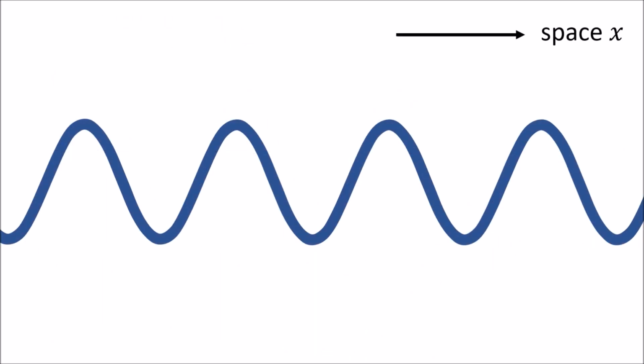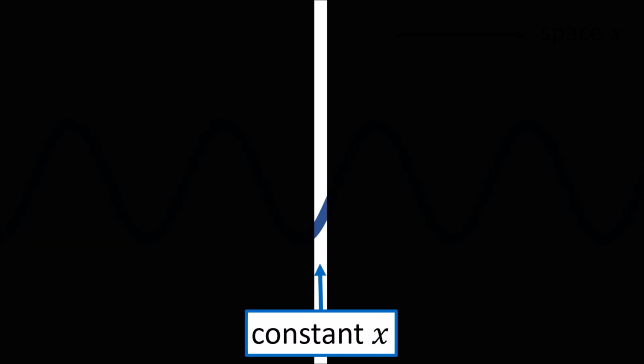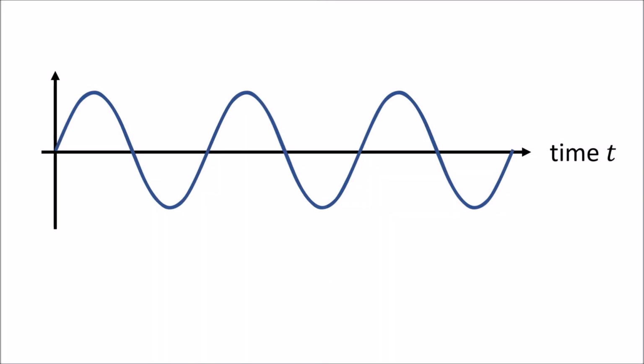Let's again look at our traveling wave, but instead let's focus on the wave at a single point of constant x over time. We can see that at our point of constant position, the wave makes a periodic up and down motion. So we can also look at how a wave changes over time at a specific position.